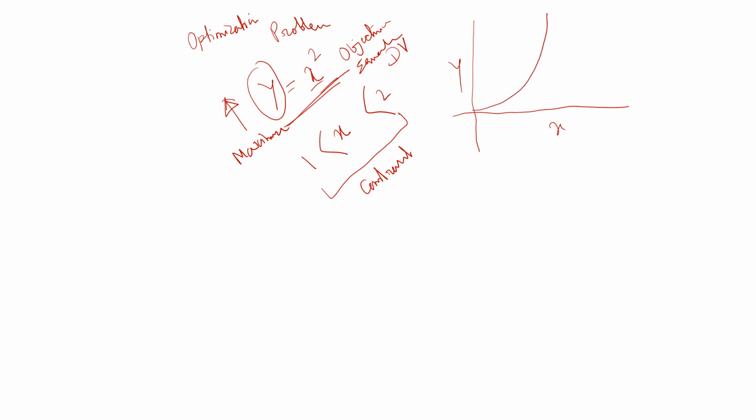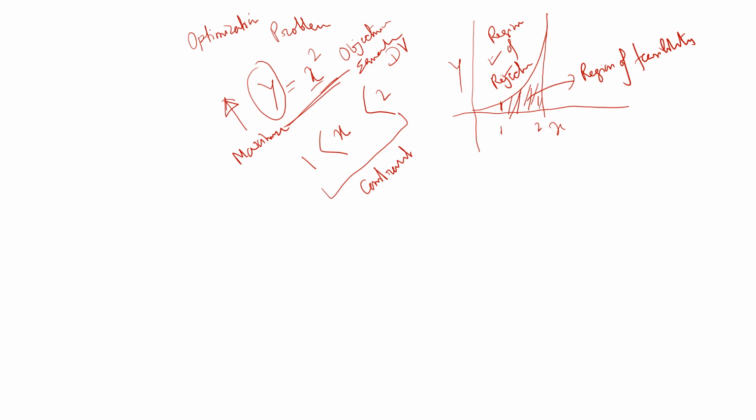If this is point 1 and this is point 2, this zone is the region of feasibility or acceptability. And this zone is known as the region of infeasibility or rejection. So your optimal point must lie in this zone.